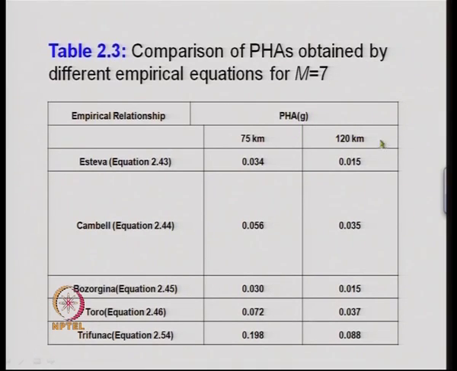At 120 kilometer distance, we can see that there is a similarity between Esteva and Bojorgina, and they have a good similarity, Toro and Campbell, and again there is a large departure of the PHA calculated by the equation of Trifunac.